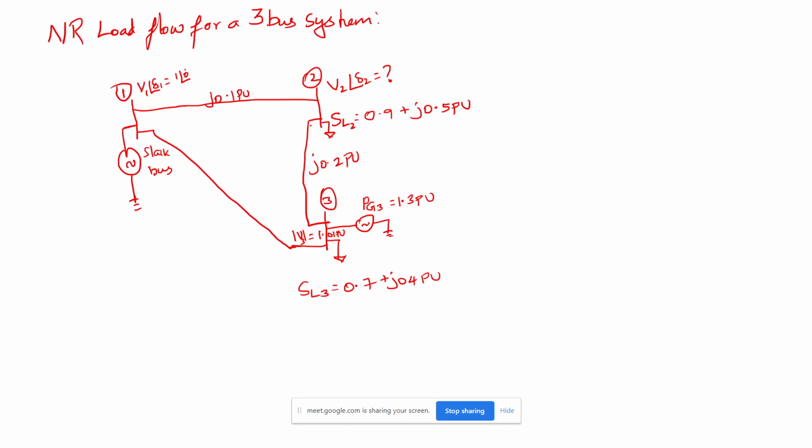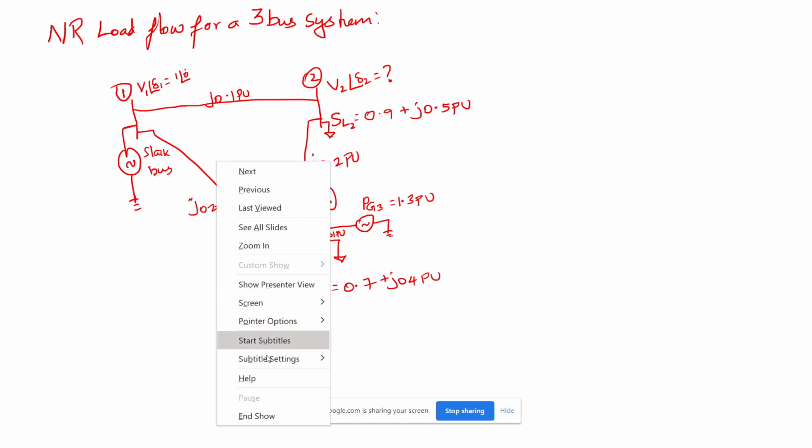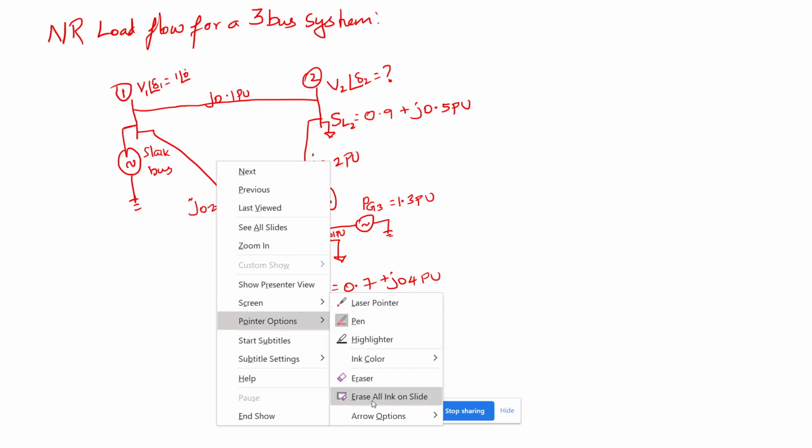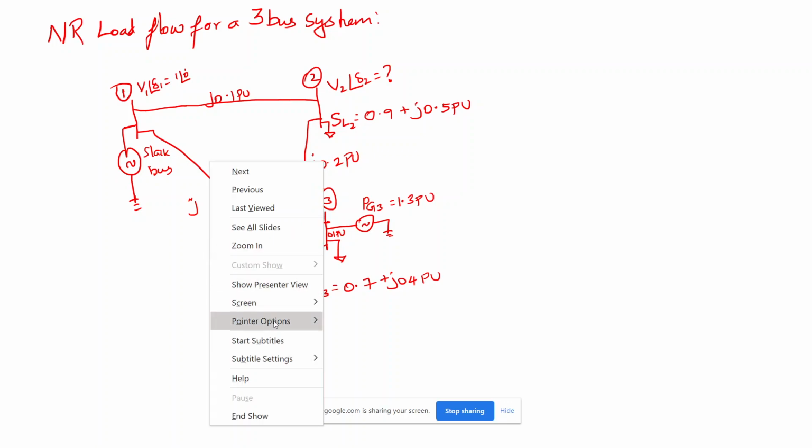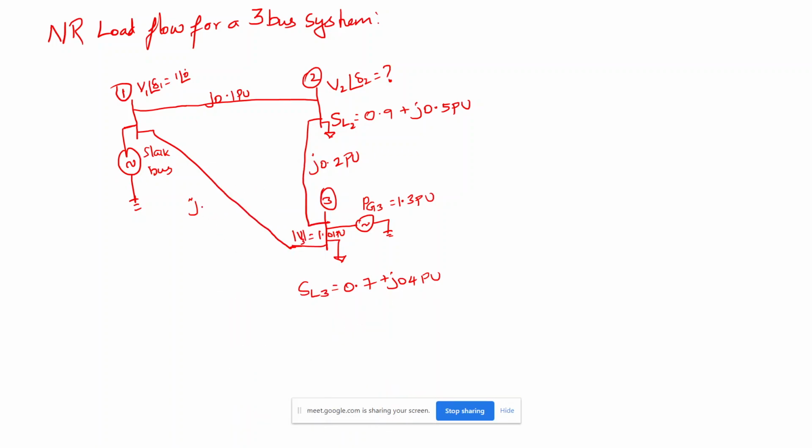One more thing is they have given the impedance for this line also. It is nothing but j0.25 per unit. Okay, so these are all the data given.